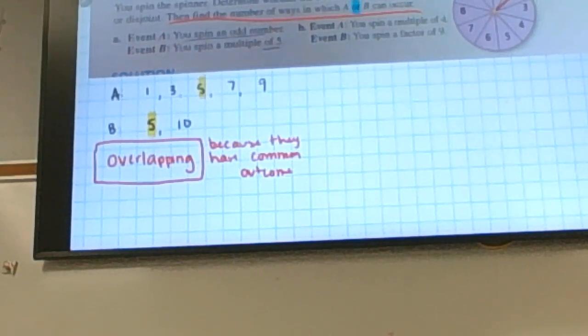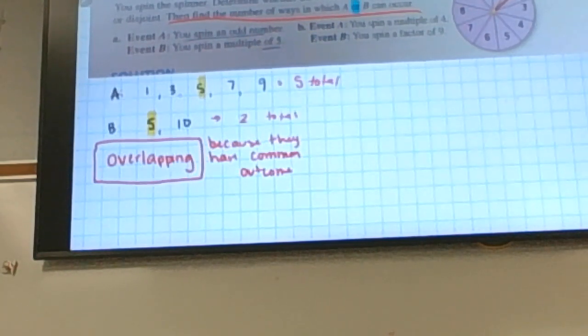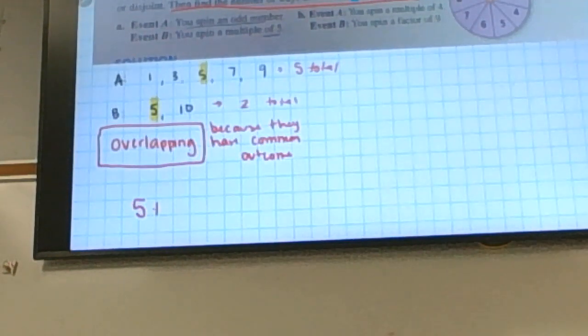So event A has what? 5 total. Event B has 2 total. So I'm going to do 5 plus 2 is 7, minus the 1 they have in common is 6. There's 6 total outcomes. Add them up, subtract the number of overlaps.